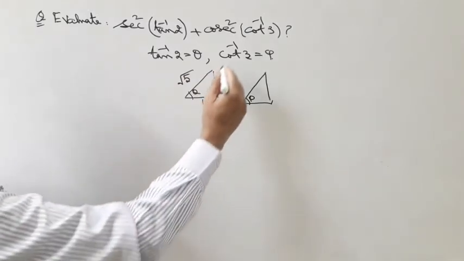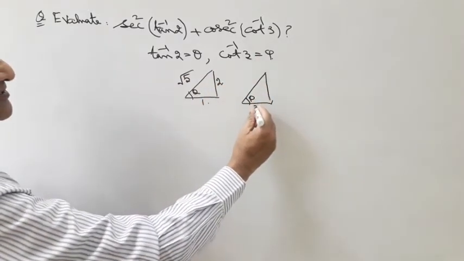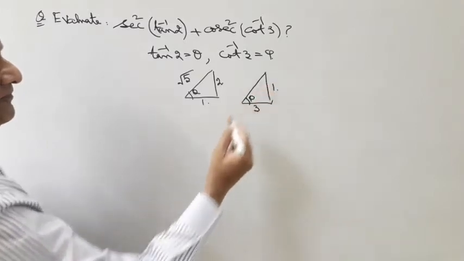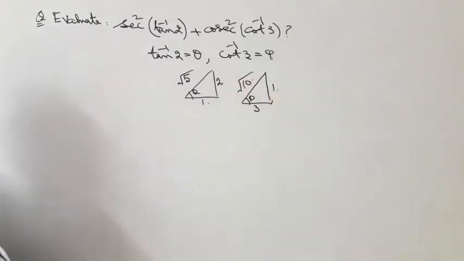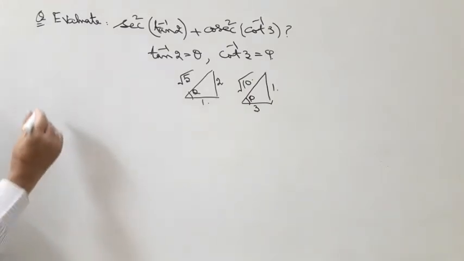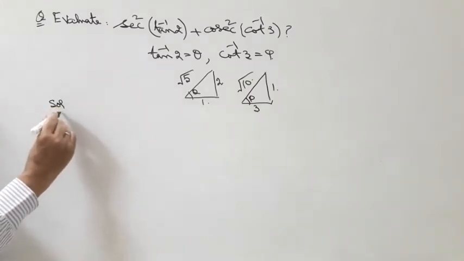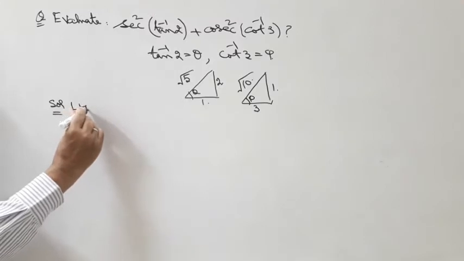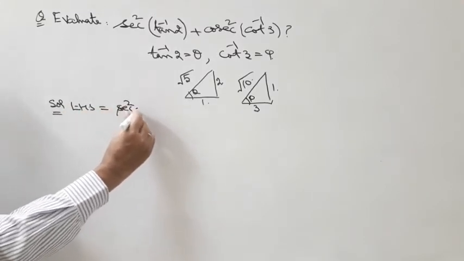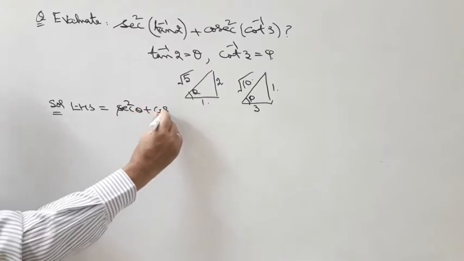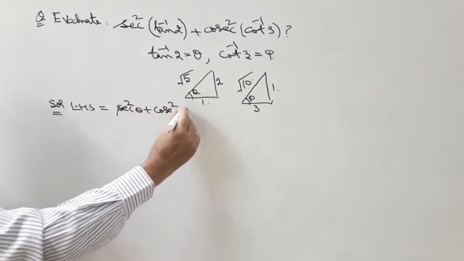Here cot phi is 3, that is 3 by 1, so it becomes under root of 10. Now take up the left hand side. Therefore the solution: left hand side is equal to secant square of theta plus cosecant square of phi.